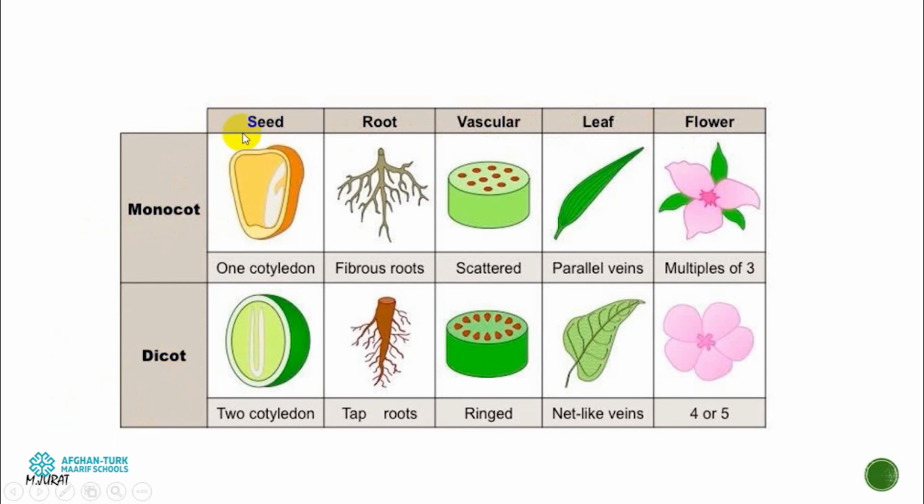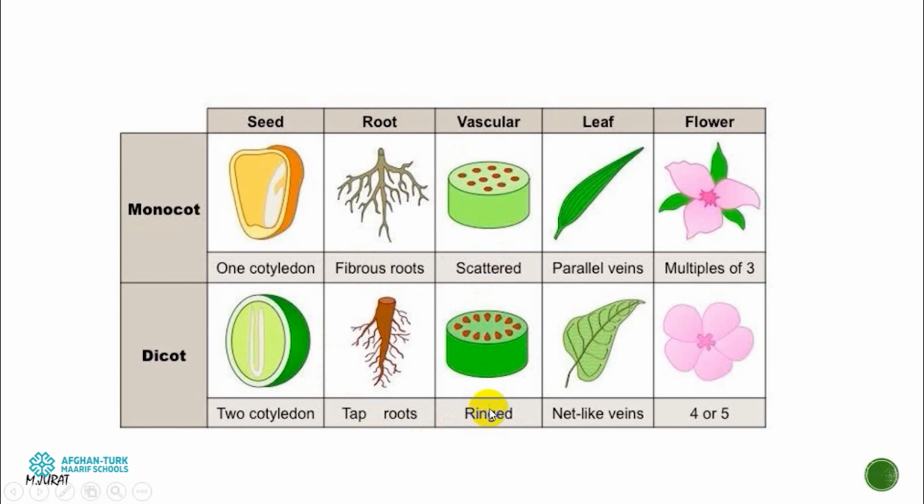If we notice their seed, if there is only one cotyledon, it's a monocot. If there are two cotyledons, it's a dicot. About their root, if they have a fibrous, branched root, they are monocots, but if they have a taproot, they are dicots. About their vascular tissue, if it's scattered and found in every part of the stem, it's a monocot.